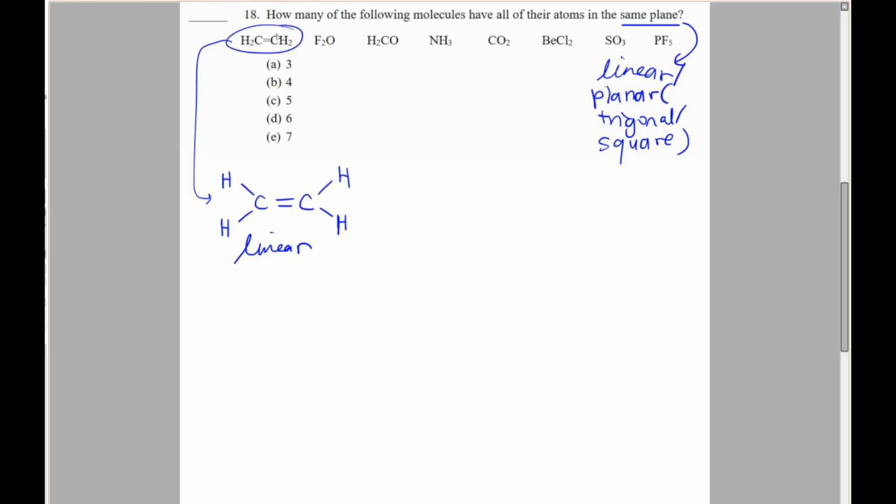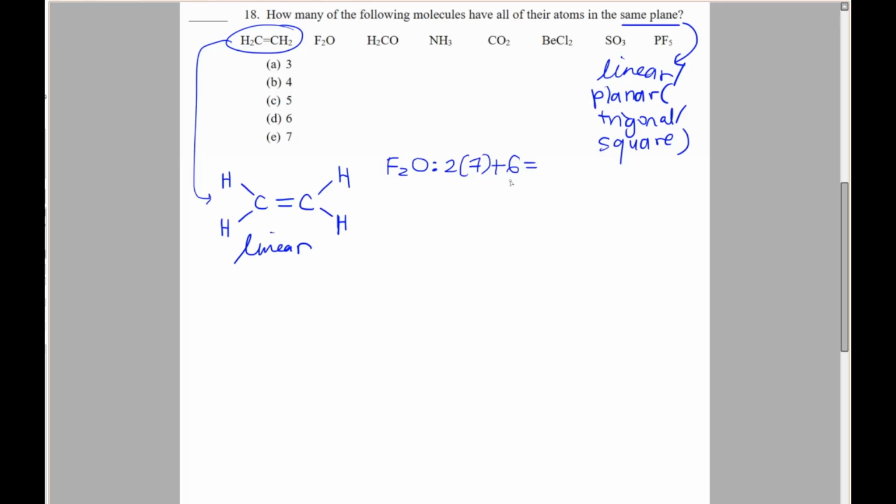The second molecule we're looking at is F2O. And this one probably requires a bit more thinking since it's not really drawn out for us. So if we do the same process that we typically do for drawing out Lewis structures, first we have to figure out how many total valence electrons are there. So fluorine has 7, so 2 times 7, and then oxygen has 6 because it's in group 16.